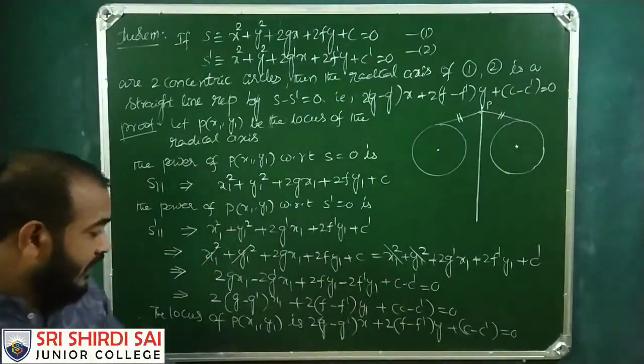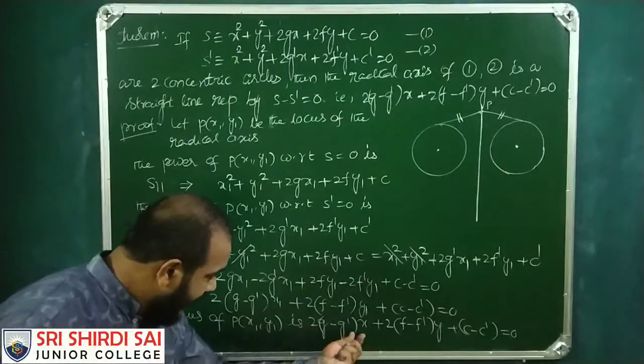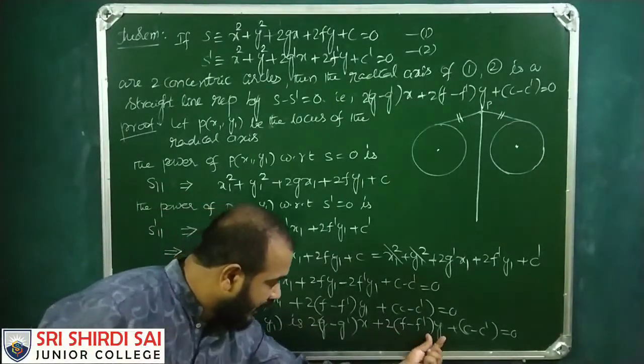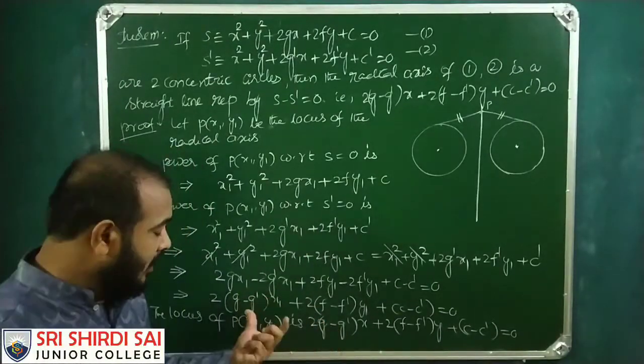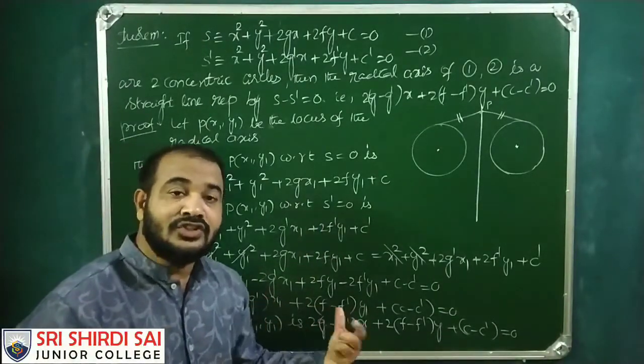If you see this, this is ax plus by plus c equals 0, which is the equation of a line in the general form.